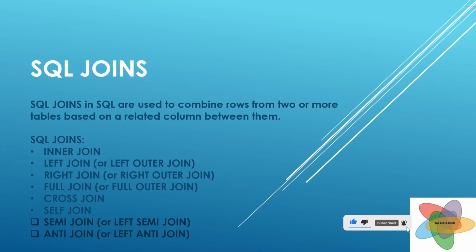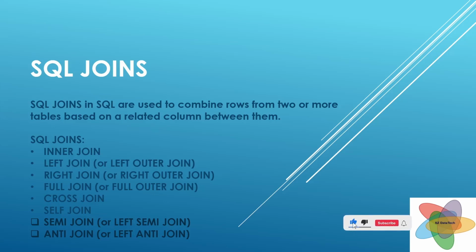There are different types of joins like inner join, outer join, cross join, and self join. Again, the outer join is segregated into three different joins: left outer join, right outer join, and full outer join.